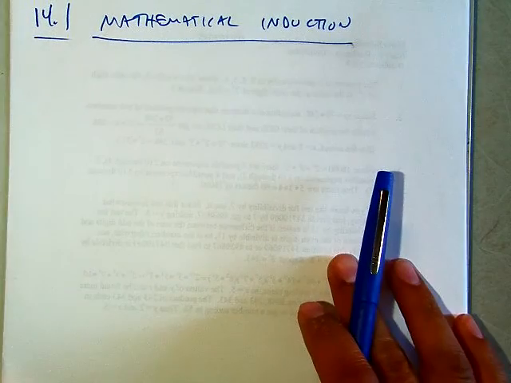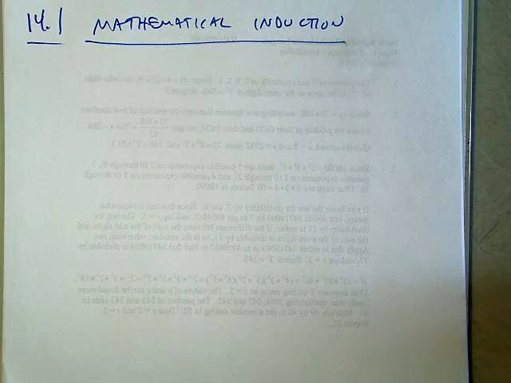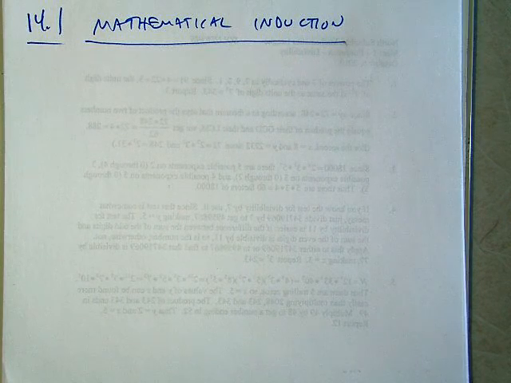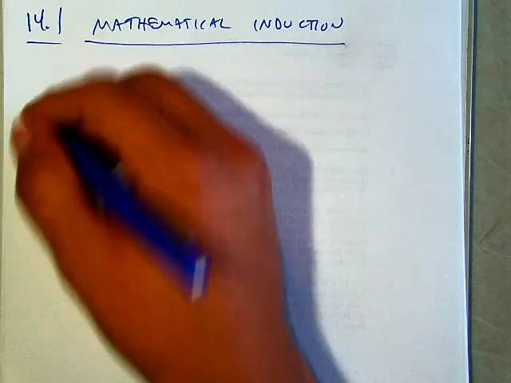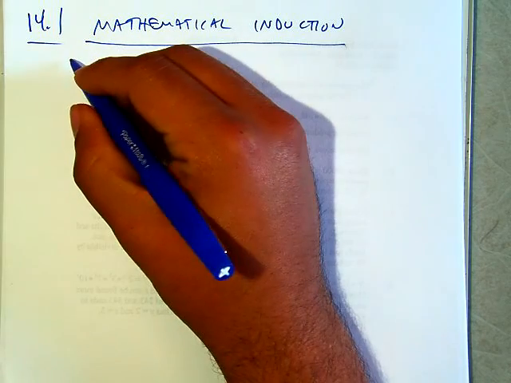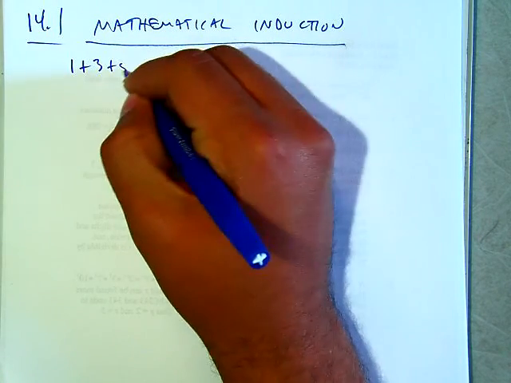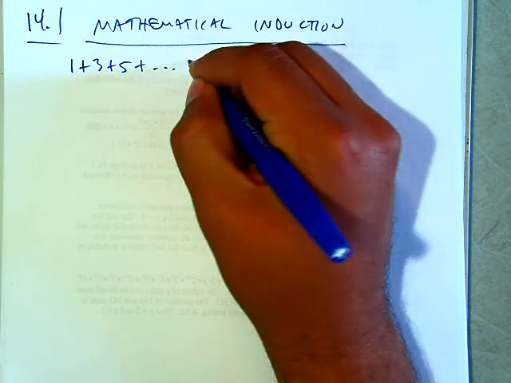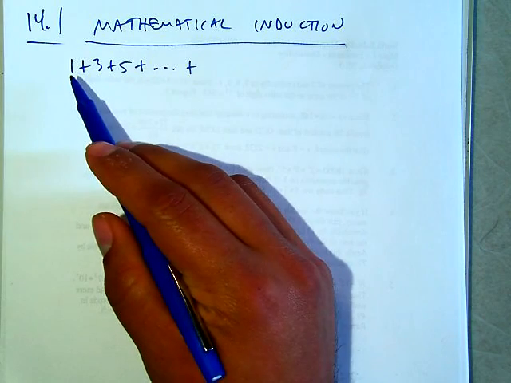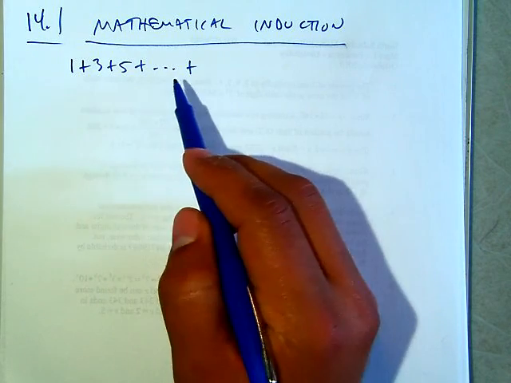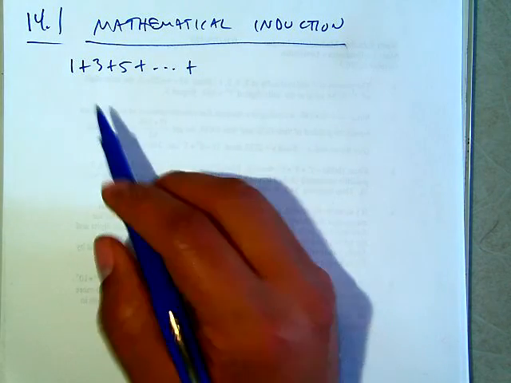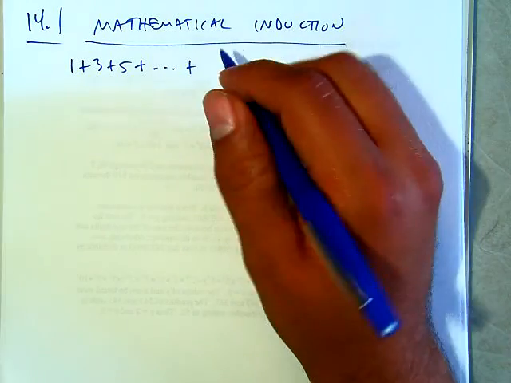Okay? So these kinds of proofs are usually for statements that have patterns involved, something like this. So if I have 1 plus 3 plus 5 and so on, meaning I'm adding odd numbers, right?